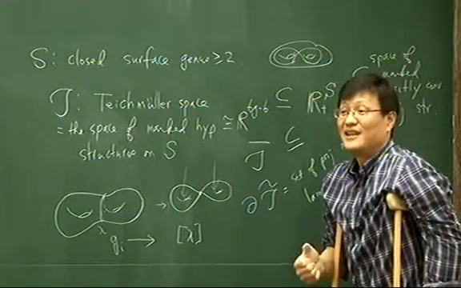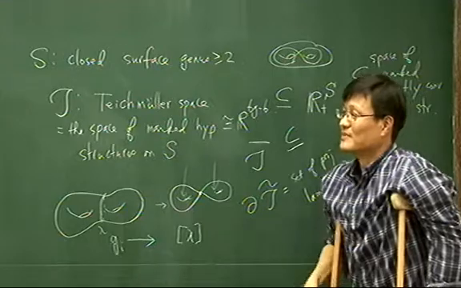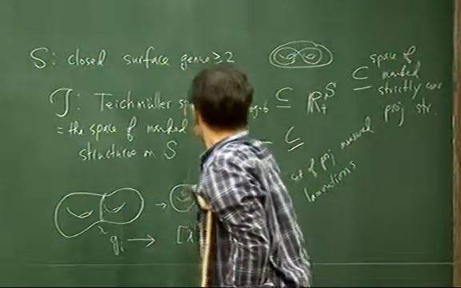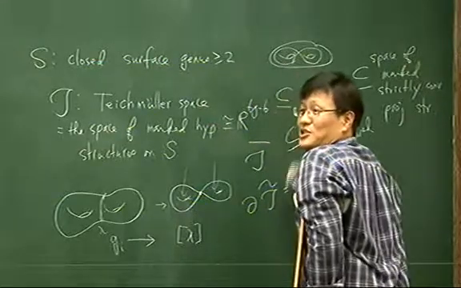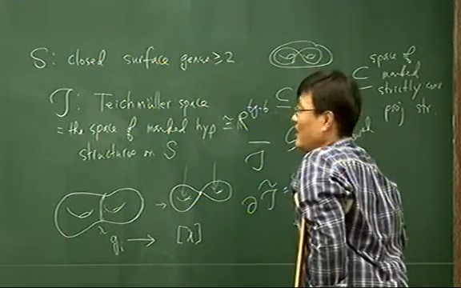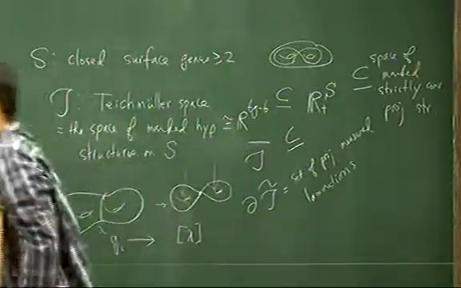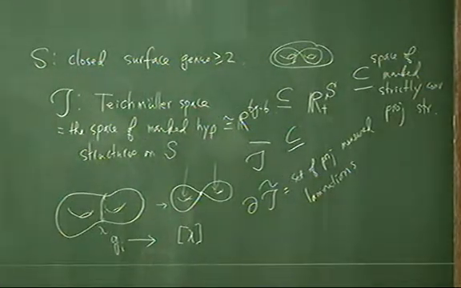If you look at this picture in terms of a geodesic current, why the compactifying thing in Teichmüller space is measured lamination is obvious.